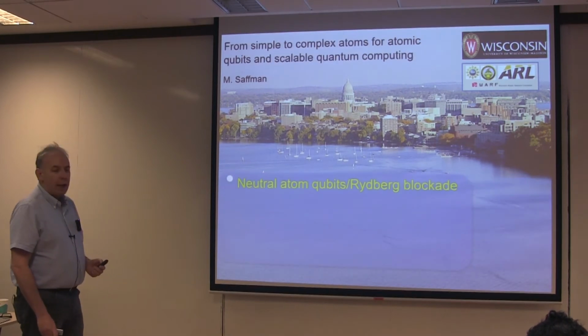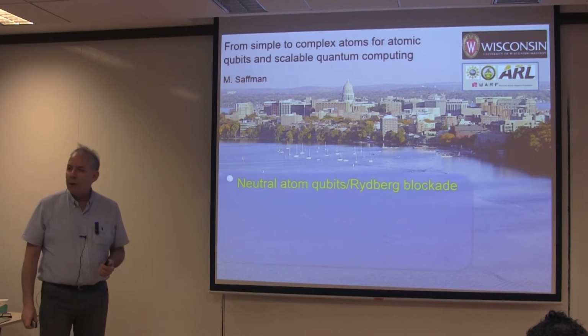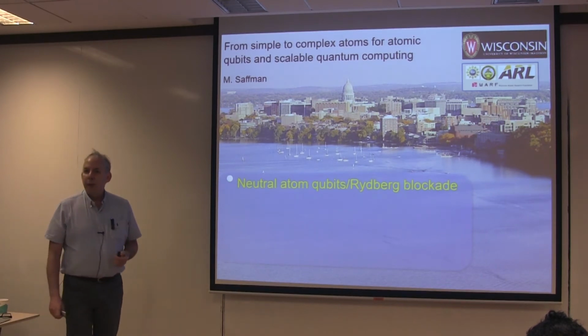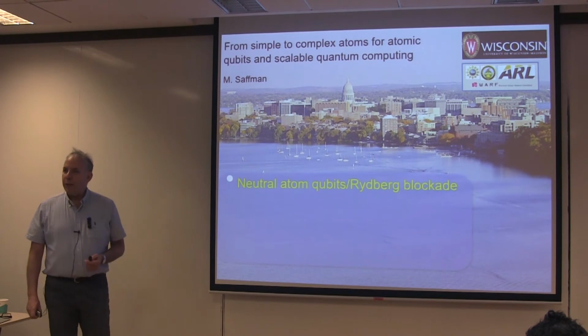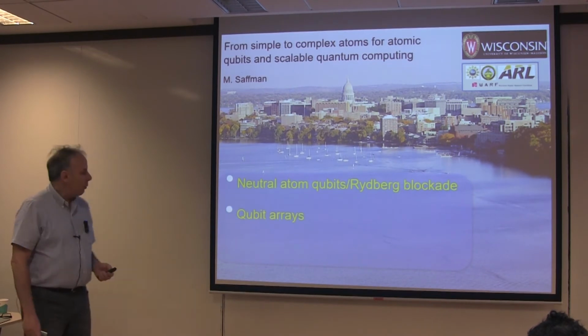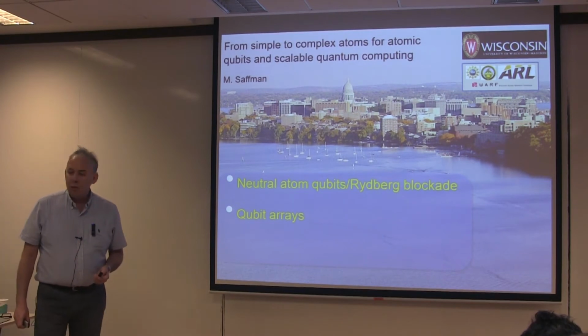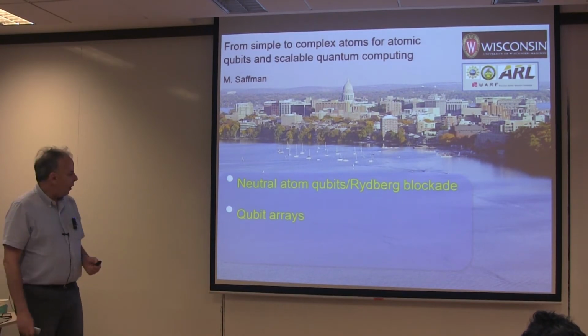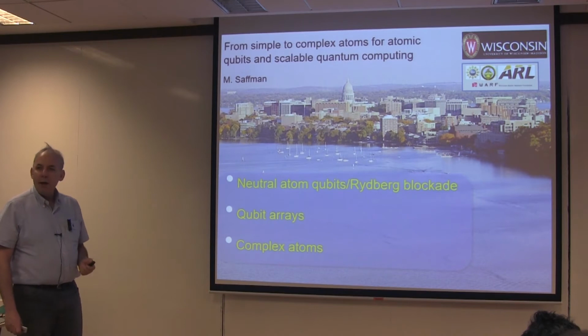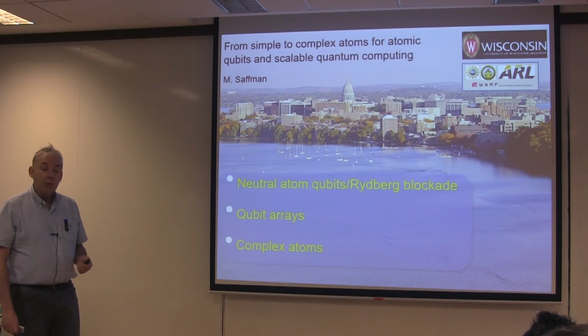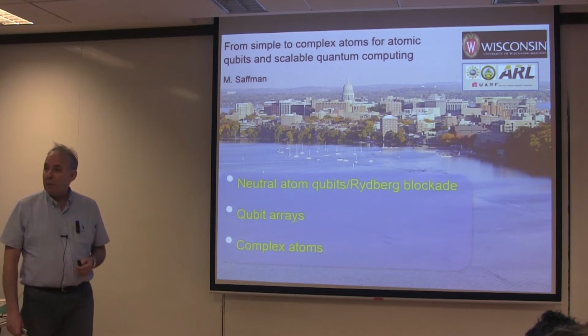I'll tell you a bit about neutral atom qubits and this by now very well-known idea of Rydberg blockade for creating entanglement between atoms. And I'll tell you about making arrays of these atomic qubits, qubit arrays. And then I'll tell you about some new ideas we're working on now using some of the more complex atoms in the periodic table, which we think are going to provide some solutions to some of the outstanding challenges of a neutral atom-based quantum computer.